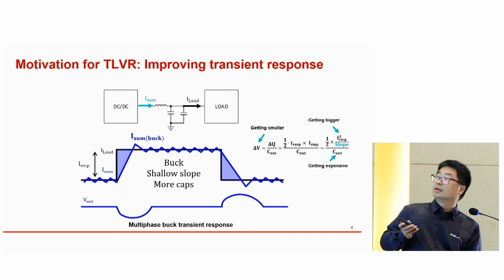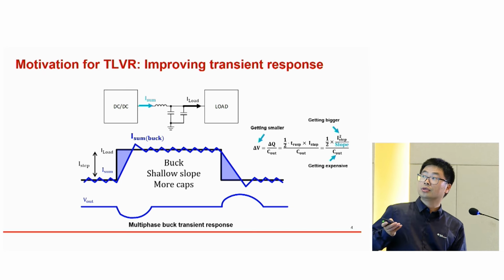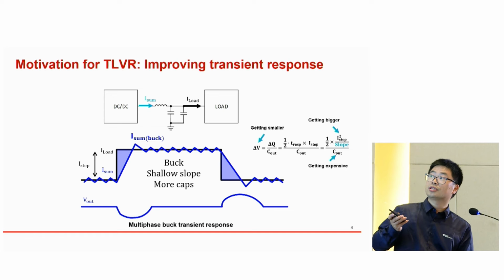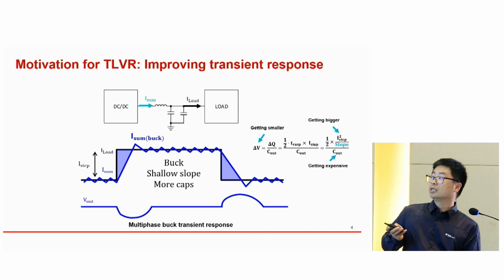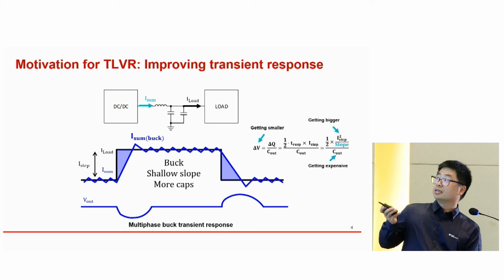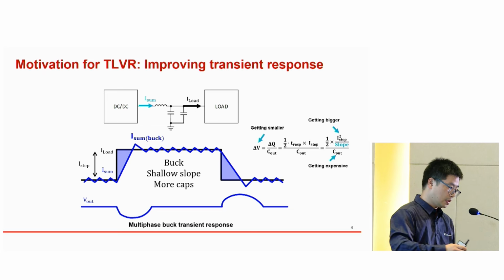From this equation, we can see the challenge: the step is getting bigger and bigger, but the output deviation voltage is getting smaller, and the output capacitor is getting more and more expensive. So the challenge here is the slope. We need to increase the slope of the I sun.